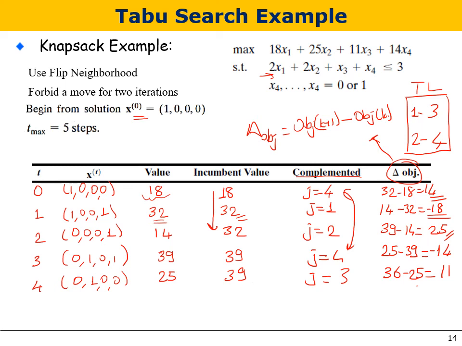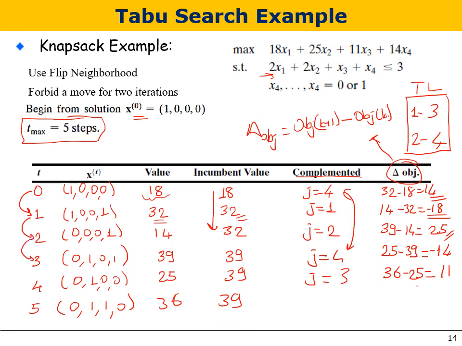Okay, now we move to the fifth solution. Basically, in the fifth one, we have this 0, 1, 1, 0 with objective function value 39, the incumbent 36, and incumbent is 39. Okay, now do we need to make a new iteration? No, in fact, because we already made 5 steps. From 0 to 1, this is one step.